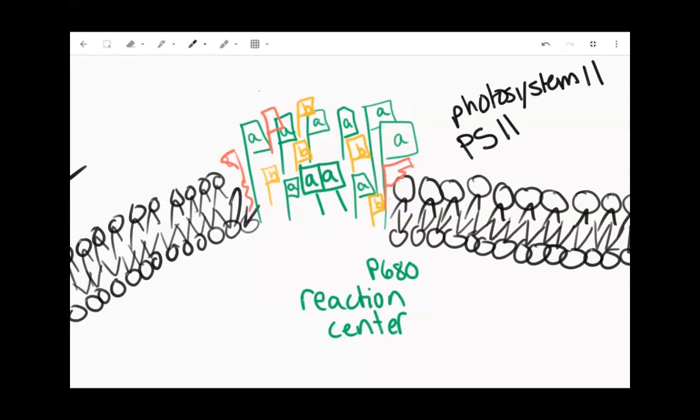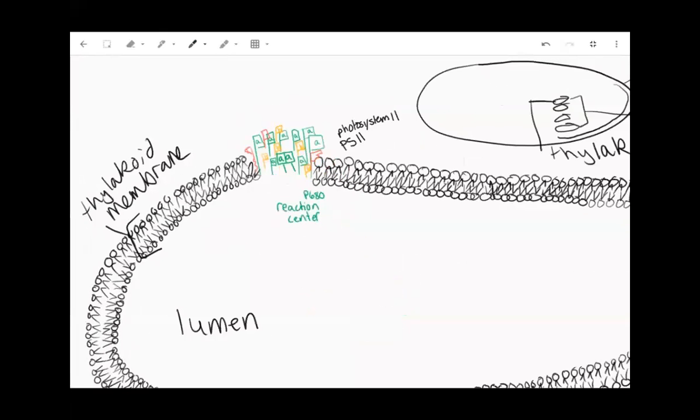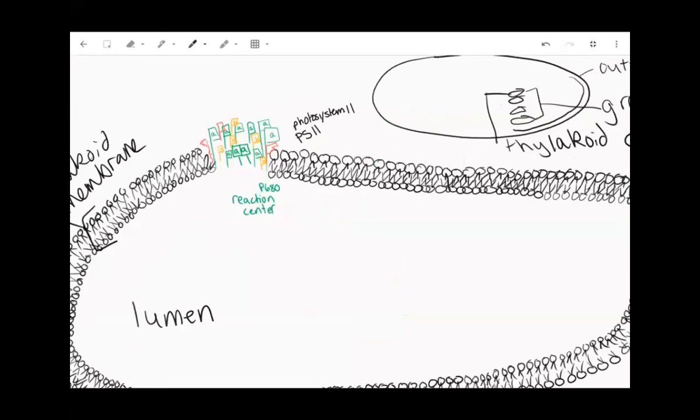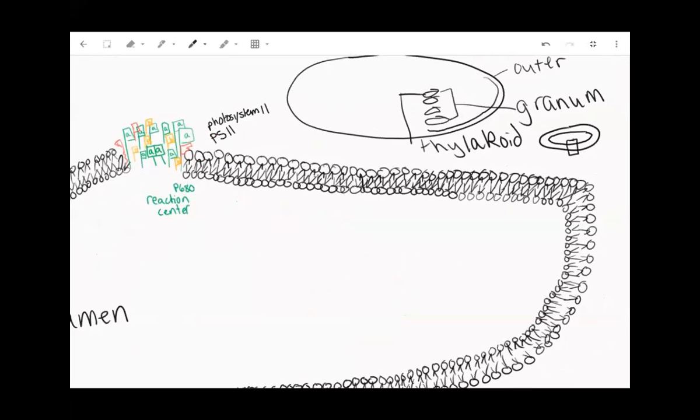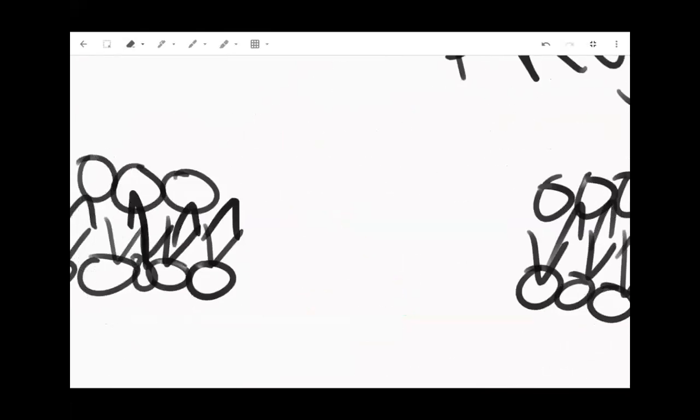All right, now let's look at our other photosystem. And we'll put that in there. Our other photosystem will be a little further away there. Yeah, we can blow that up.